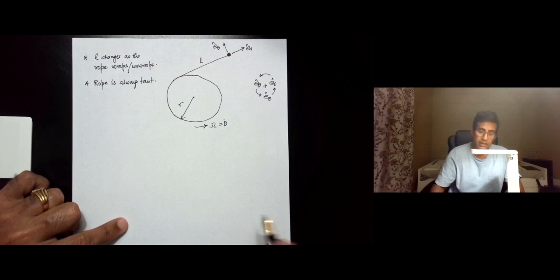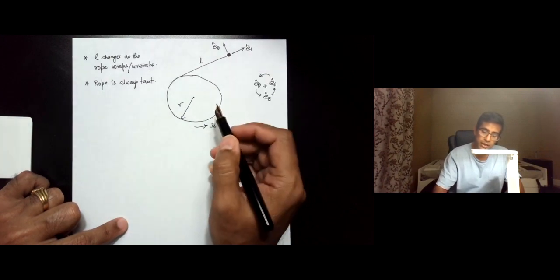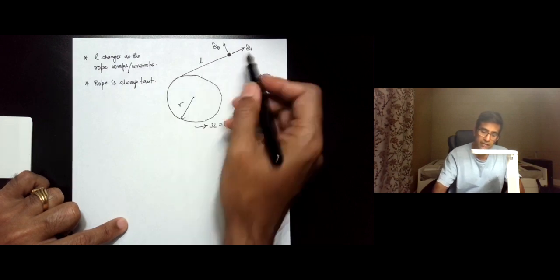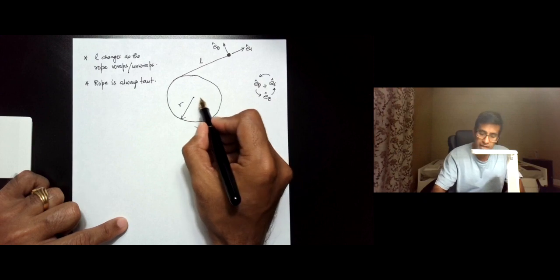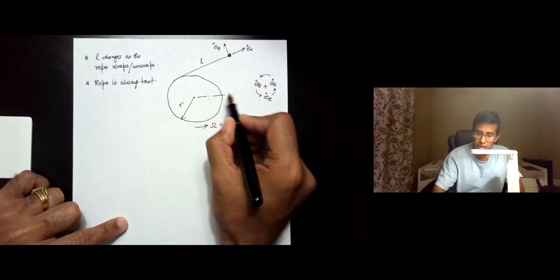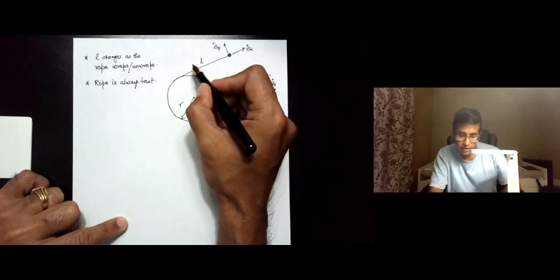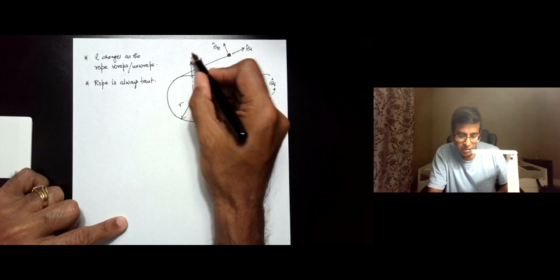To explain how the motion of this particle is happening due to the two effects, that is rotation of the disk and unwrapping of the rope, we can explain that also by considering this Cartesian coordinate frame i and j, or x and y.